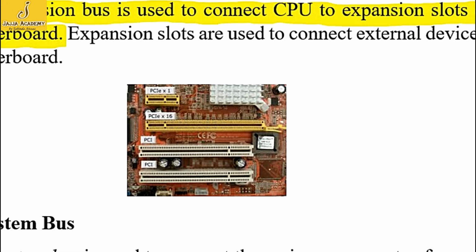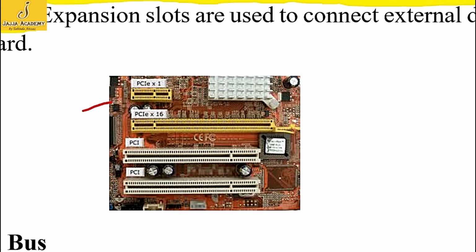In this picture, you can see these are the expansion slots that are present on the motherboard, and the buses which connect the CPU to these expansion slots are called expansion buses. And these expansion slots are used to connect external devices with the motherboard.